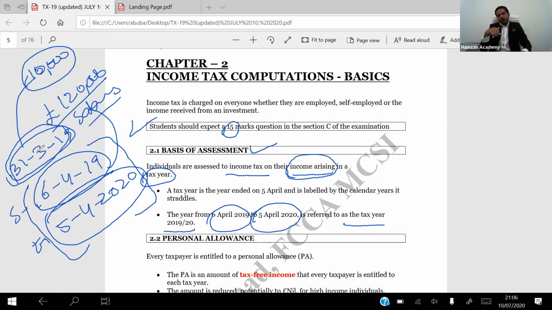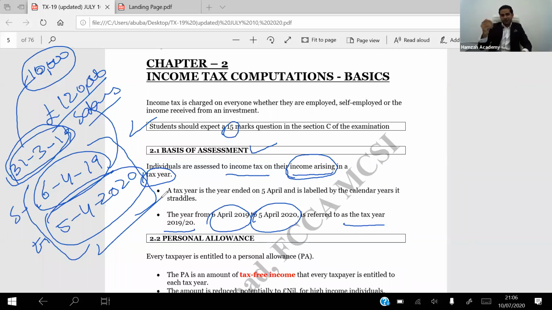But as per the law on capital gain, let's just say the law says whenever you sell something and have a gain, you have to pay 10% tax. Instantly, if you ignore the date, what will you do? 10,000 multiplied by 10%, 1,000. Yes, you take 1,000. That's the wrong answer because you didn't put attention on the date.